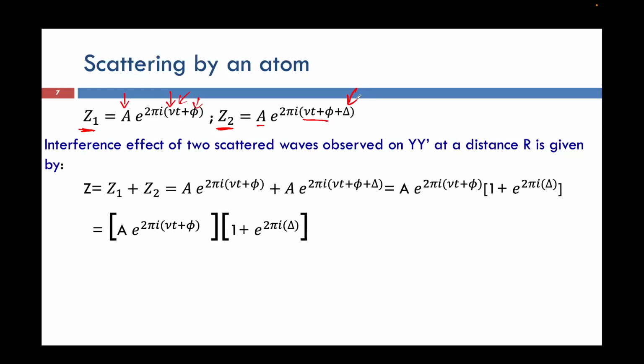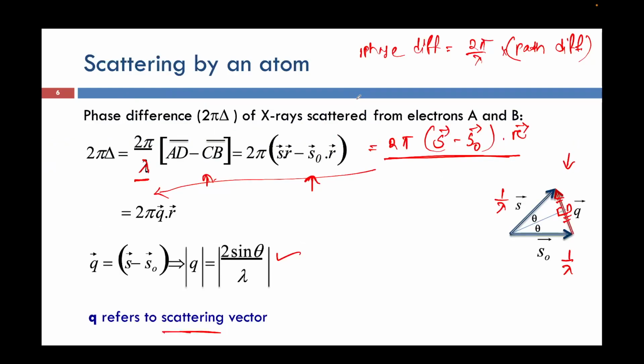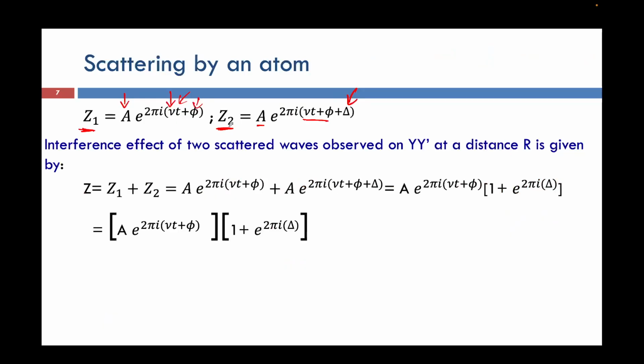Because between these two waves there will be some phase difference. So for the net amplitude, for partial interference to happen, I add a path difference, delta. When multiplied by 2 pi, delta gives the phase difference.